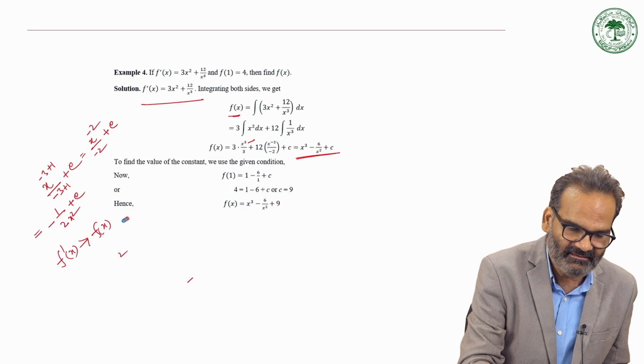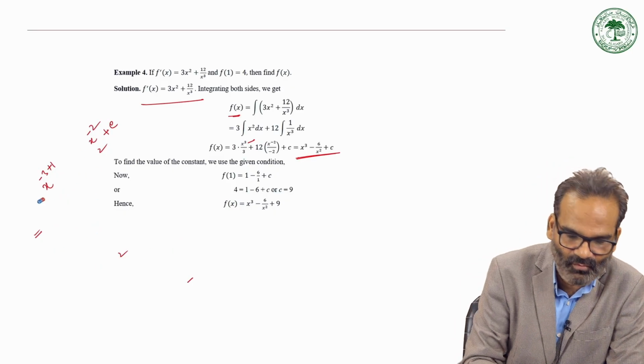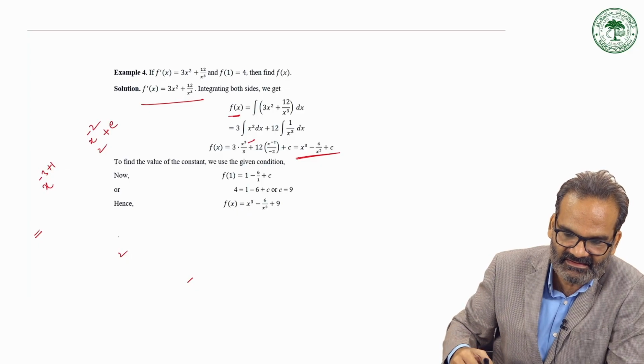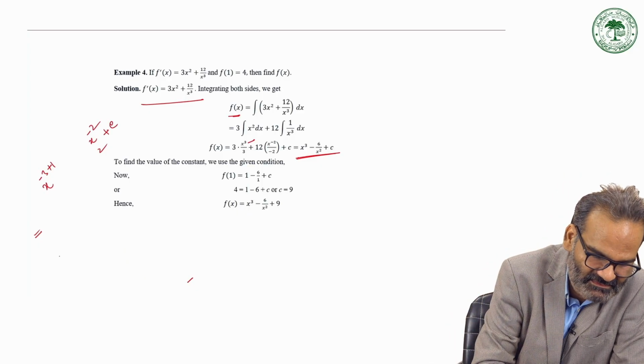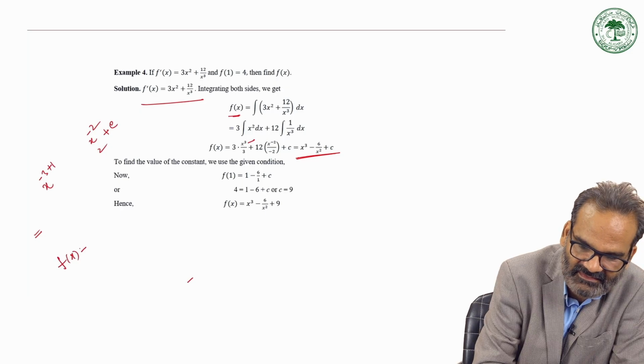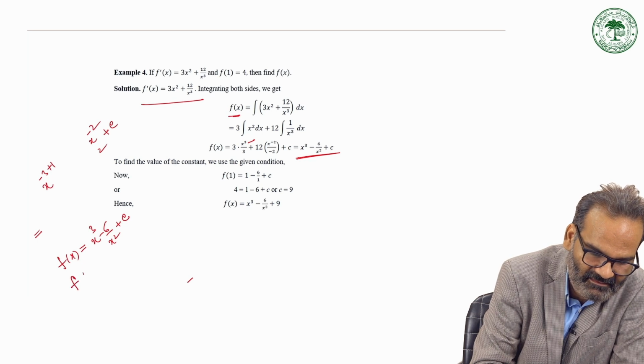Now what is given here? We have given that f1 is equals to 4. See, this fx we are getting x cube minus 6 upon x square plus c, right? What is f1? f1 means put x is equals to 1.